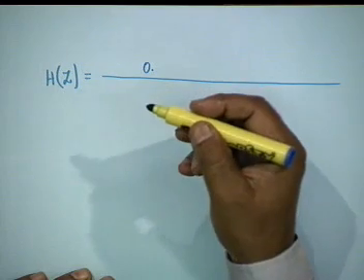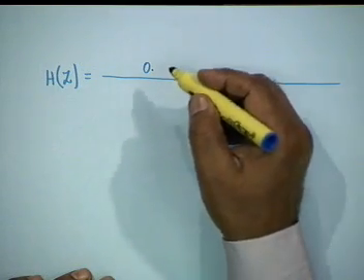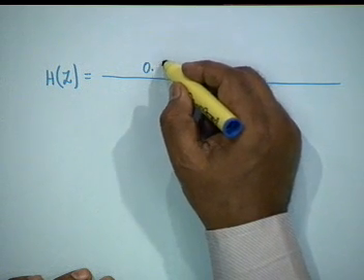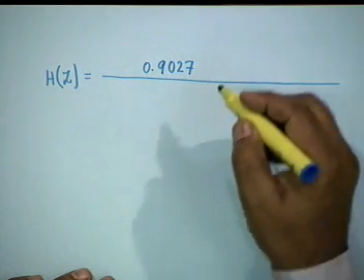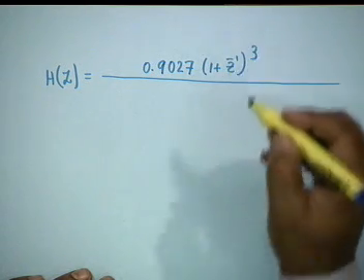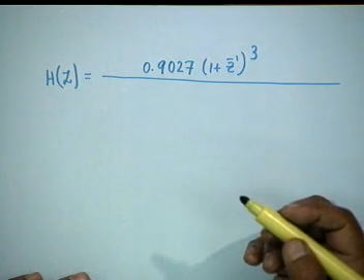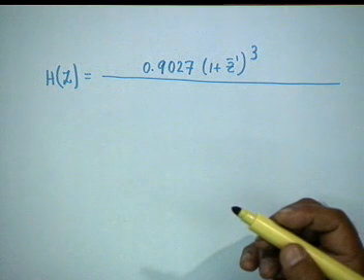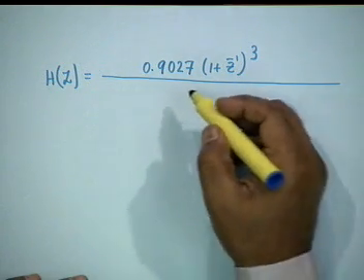This design becomes a third order, and we attempted Chebyshev. The design is 0.9027 up to 4 places of decimal, times 1 plus z inverse whole cubed. Does it show a low pass filter? Yes, because at z equal to minus 1, it will be equal to 0.